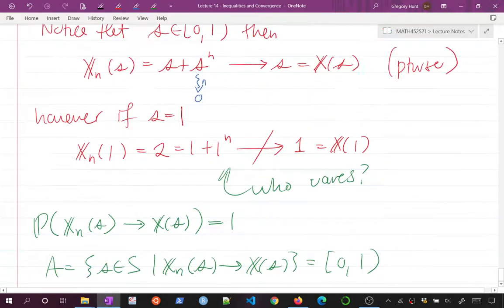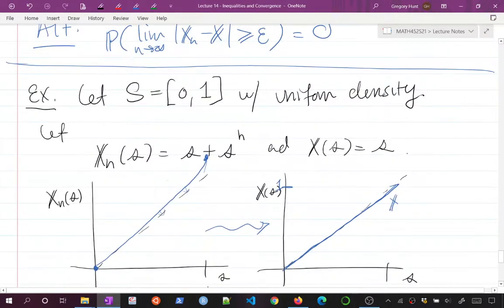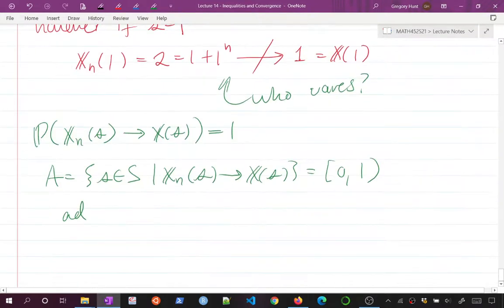And as I claimed, I have a uniform density on my sample space here, so the probability of A is 1.